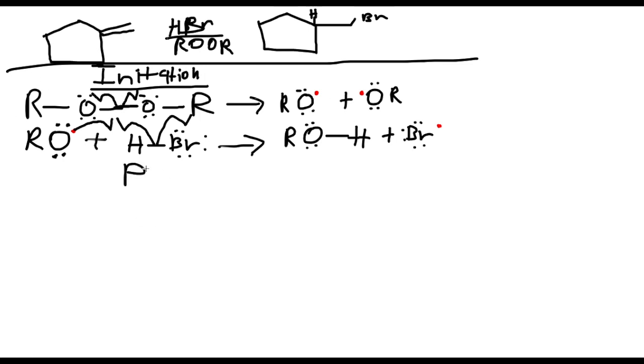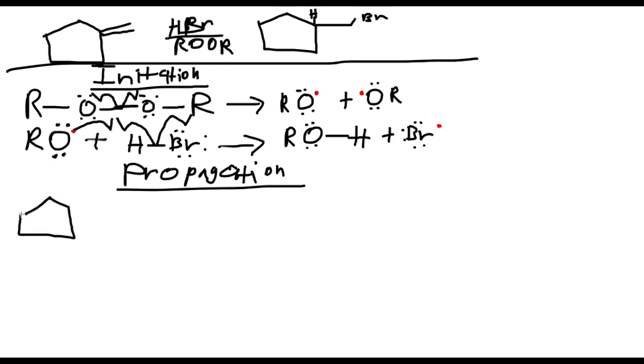Now we move on to the propagation step. From here, we would use this structure. We have the double bond, the alkene. Now we have the radical Br, and it would come.